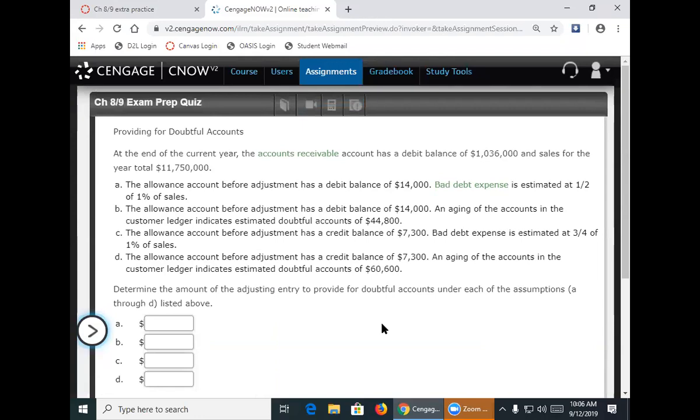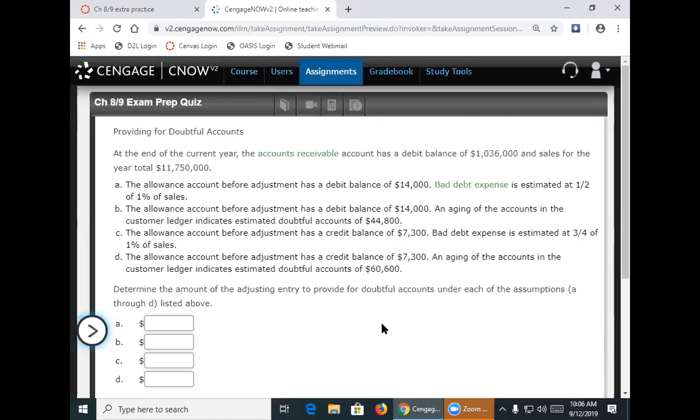Okay, so all that's dealing with is calculating the ending balance of allowance for doubtful accounts and then the adjusting entry, right? It won't be worded like that. They won't have you calculate it and then do the adjusting entry. But for example, at the end of the current year, accounts receivable has a debit balance of $1,036,000, sales are $11,750,000.